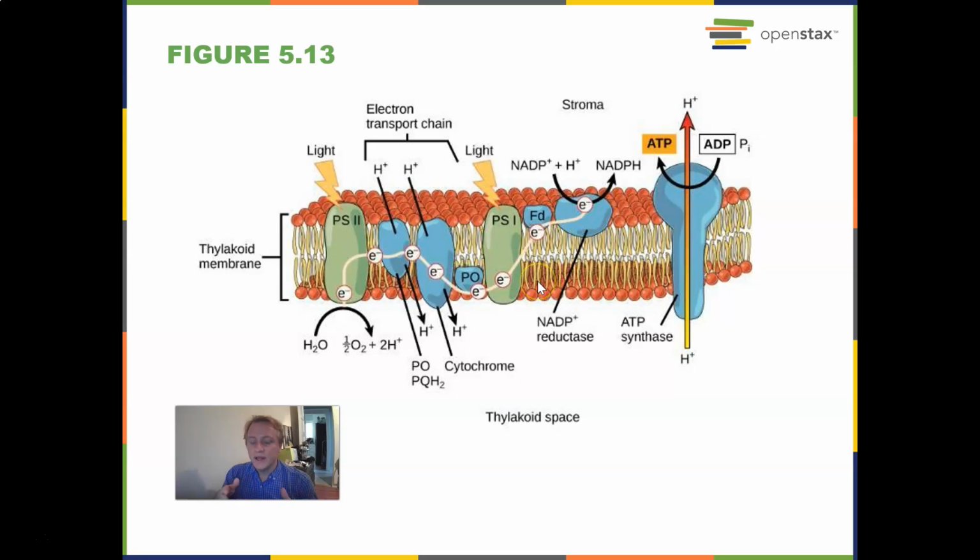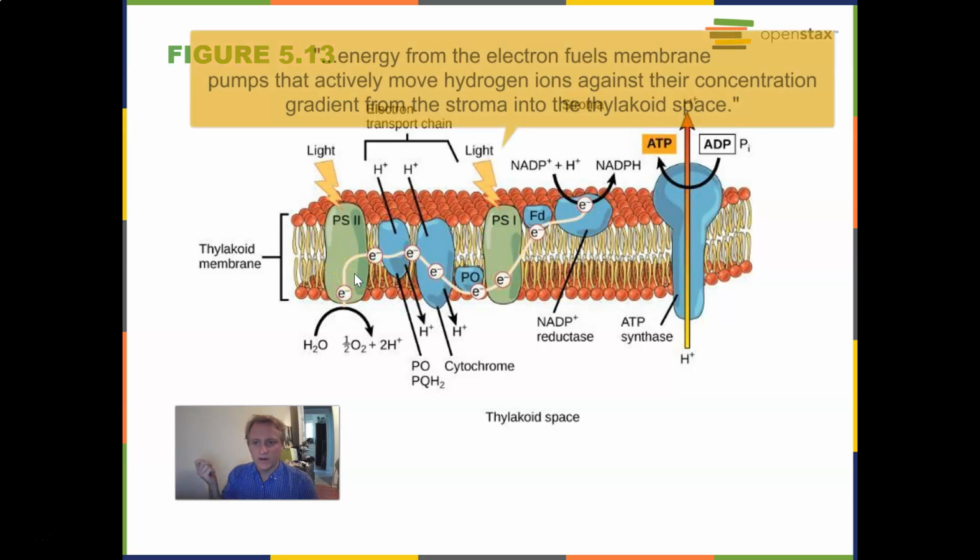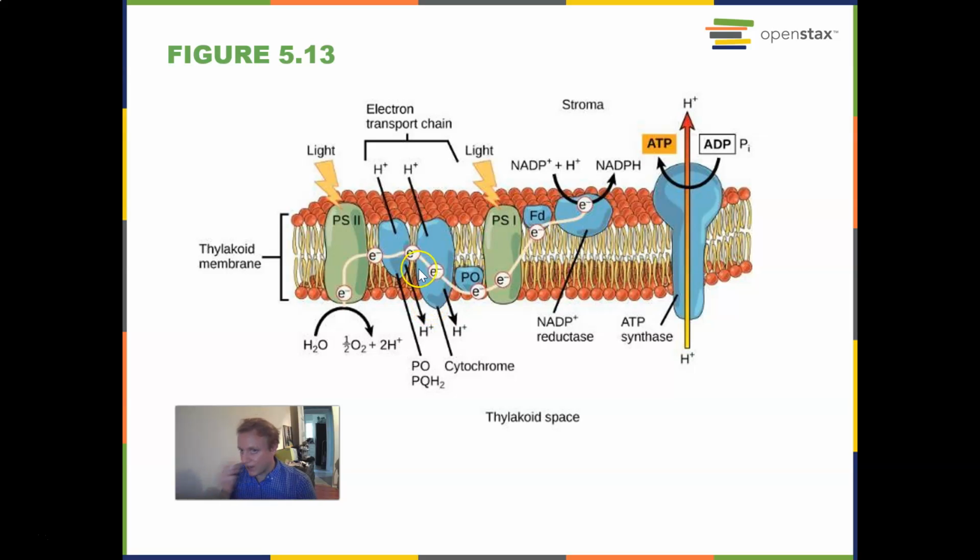Okay, so remember in cellular respiration, we had to break down glucose to get those electrons. Photosystem 2 just takes that electron from water and it uses it to pump in these H+ ions from the electron transport chain.